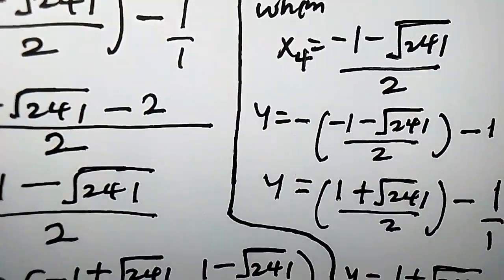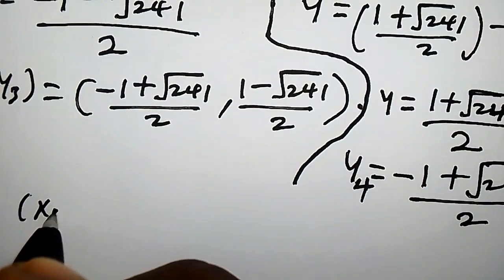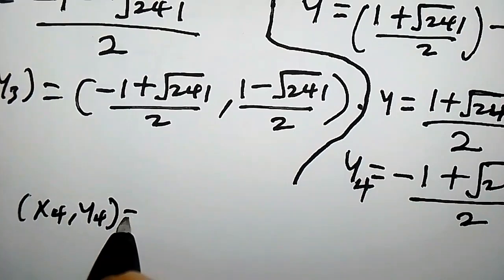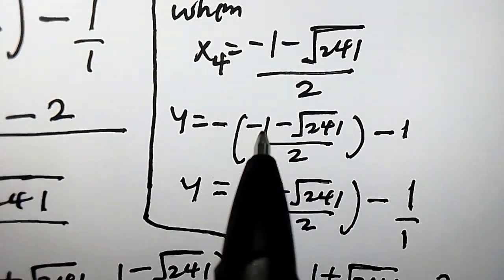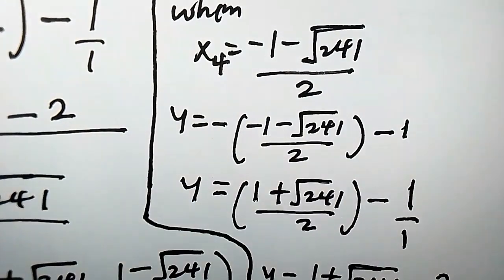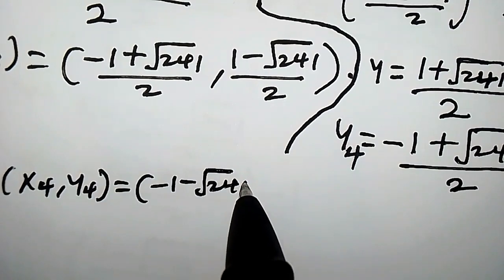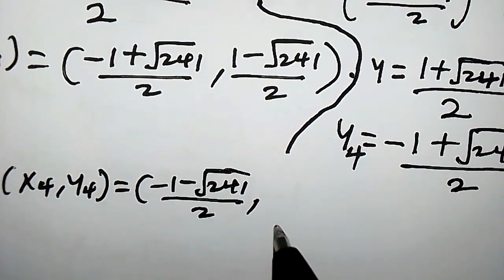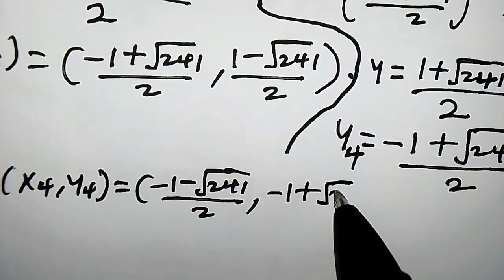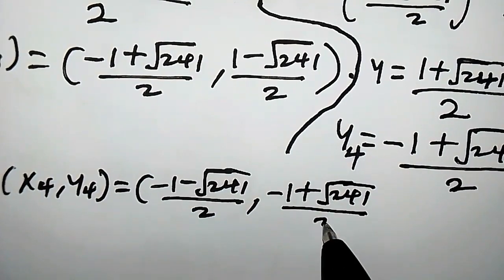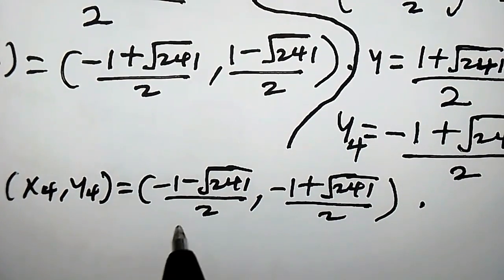This means that the fourth solution, x4 comma y4, is equal to, the value of x4 is minus 1 minus root 241 divided by 2, comma, and y4 is minus 1 plus root 241 divided by 2. This is the fourth solution.